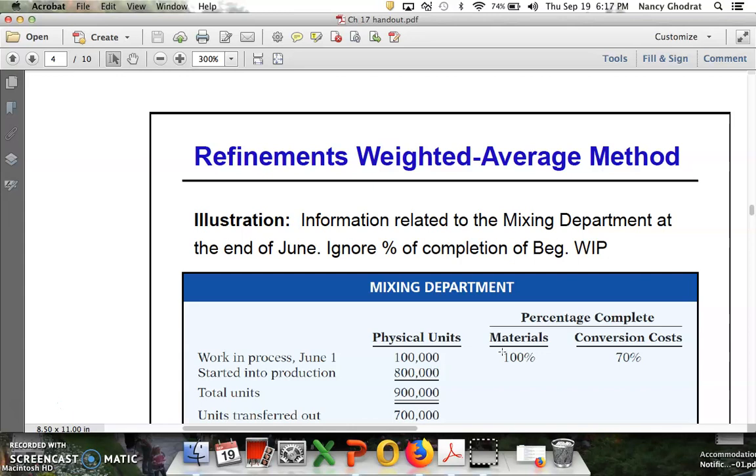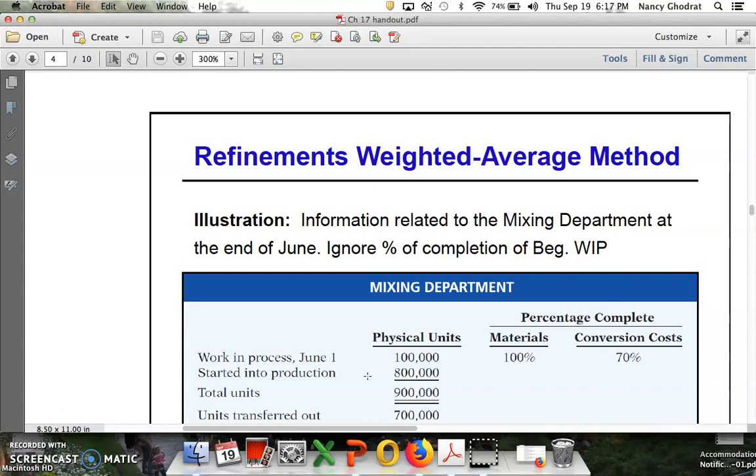In this example, the physical units, units that you can actually see and touch, as of June 1st, the beginning of the month, were 100,000 units. And then they started during the month of June another 800,000 units. So in total, we need to keep track of what happened to the total 900,000 units.